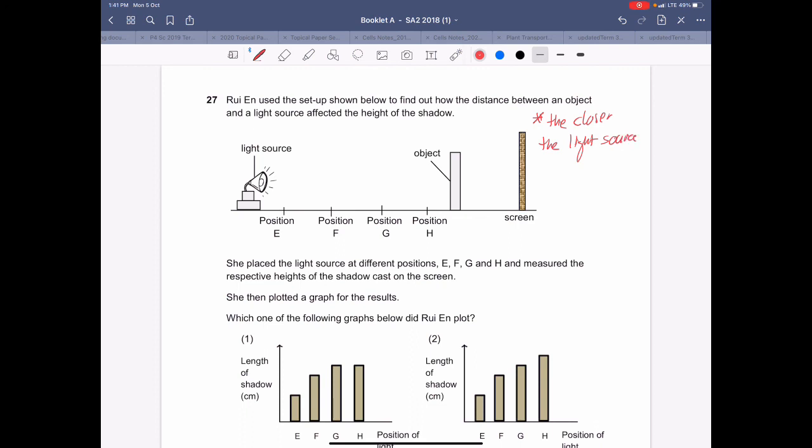The second one is translucent, whereby it allows some light to pass through. So in this instance, we know that object U and object V are both translucent. It allows some amount.